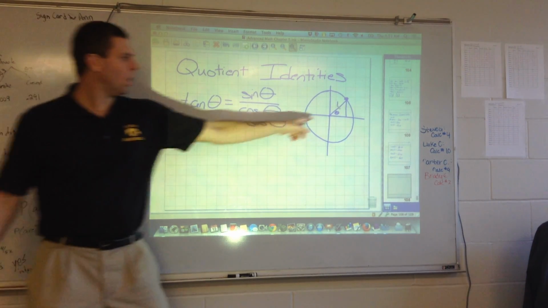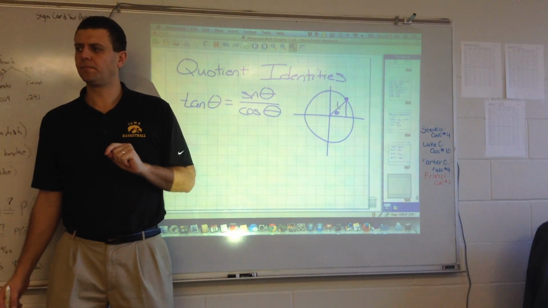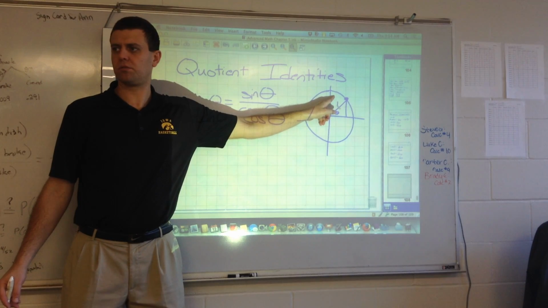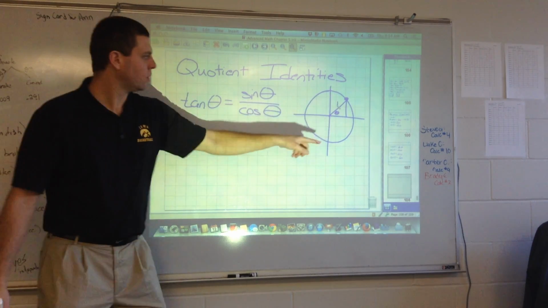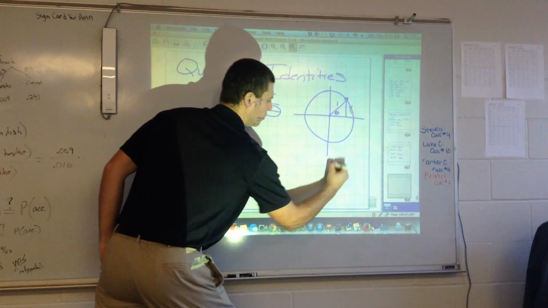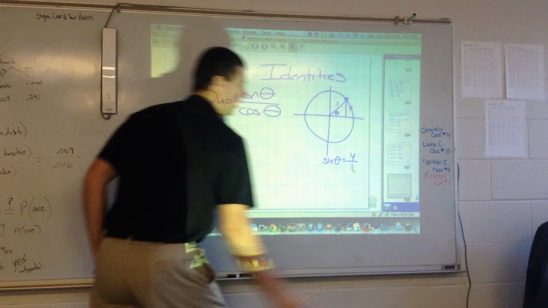Sine of theta would equal what? Opposite over hypotenuse. So if I call this side y for right now, would you agree that the sine of theta equals y over 1?